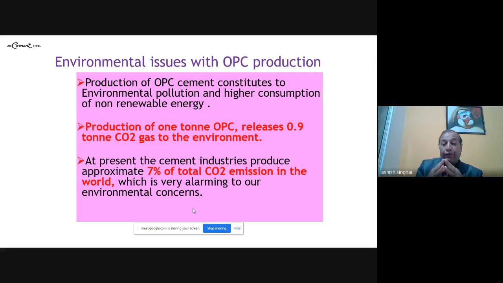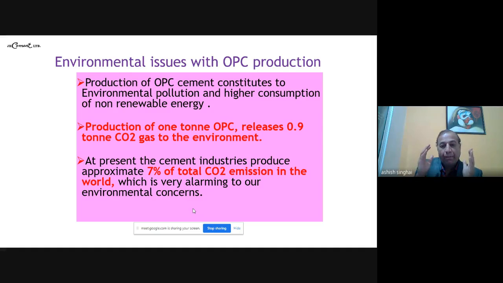And let me give you another figure. In India, we have got a capacity of about 450 million tons per annum of cement production. Globally, we are placed third, where the US and China are ahead of us. Just imagine the total amount of cement being manufactured every year, and the quantum of carbon dioxide emitted with every ton of production.